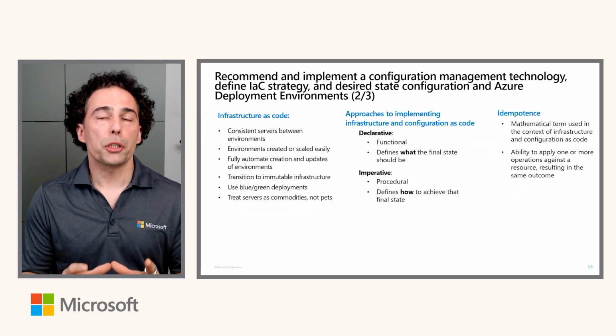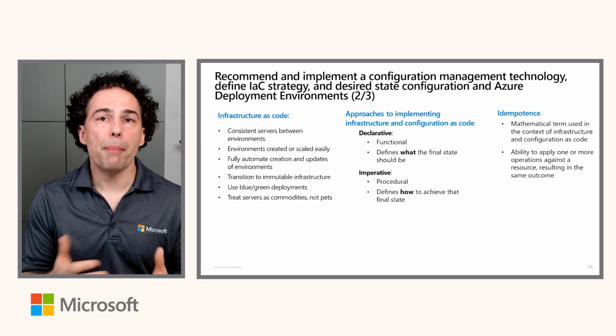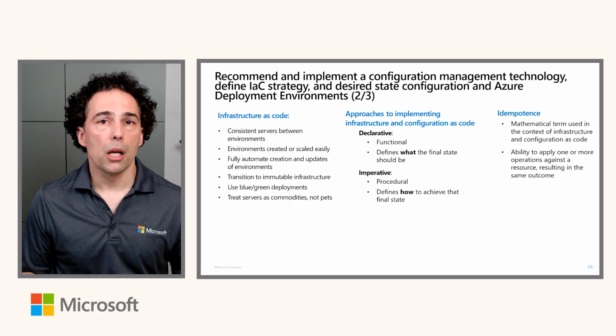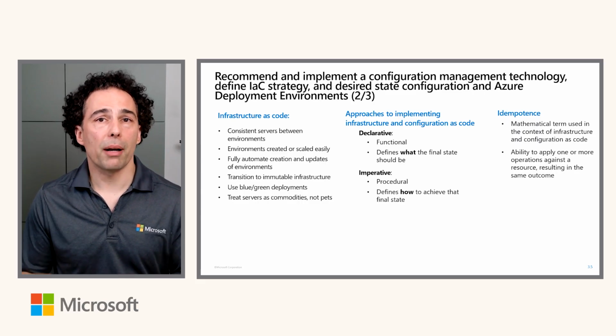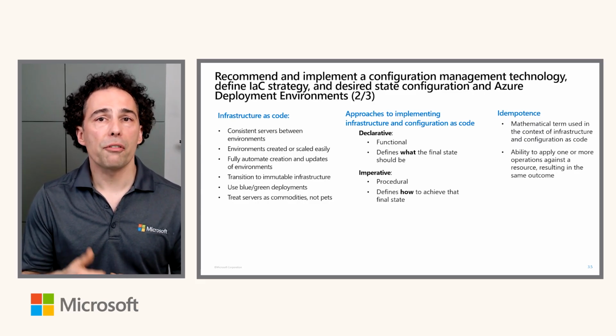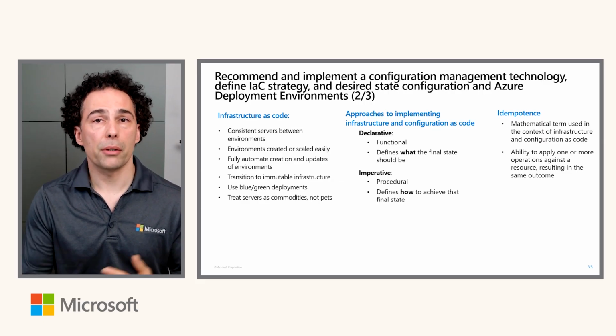Know that infrastructure as code, or IaC, can be used to set up and manage your IT resources with code or scripts or templates instead of doing it by hand. Be aware of the two approaches for infrastructure as code, declarative and imperative.